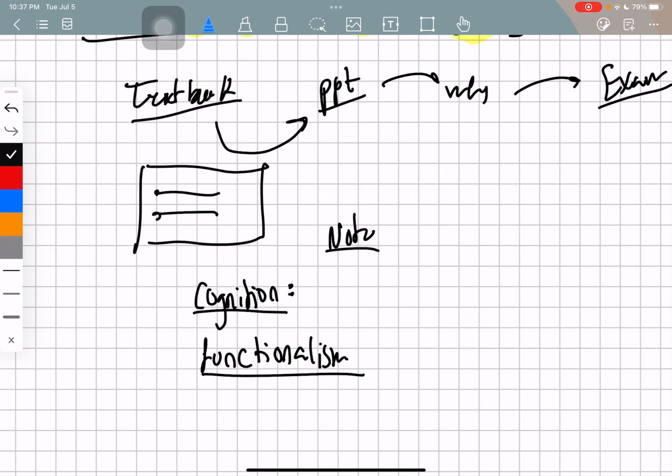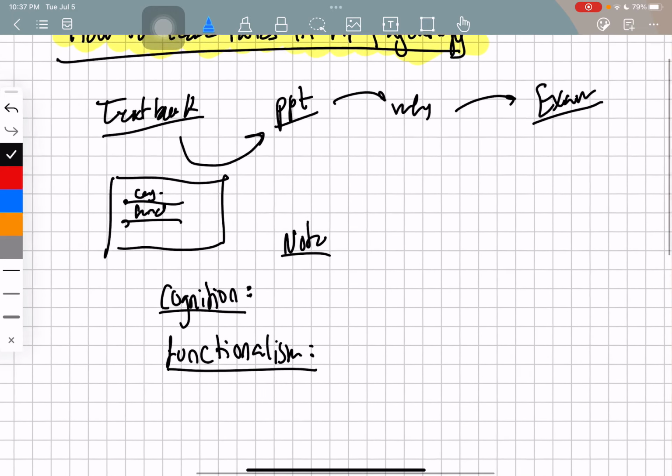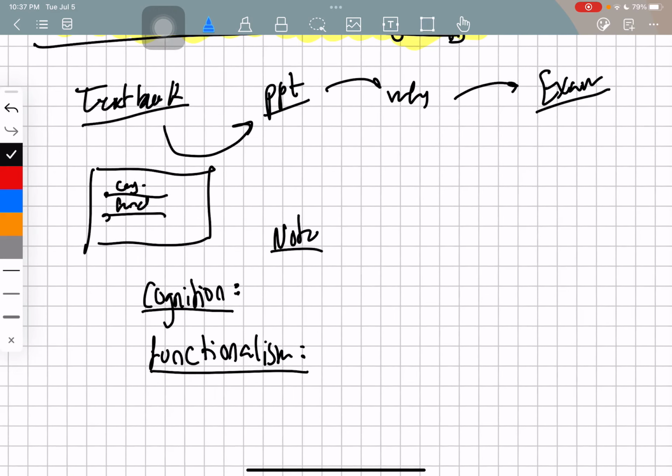On my page, I write the terms down, but I'm not going to write what they mean, although I can see it in my PowerPoint right there.